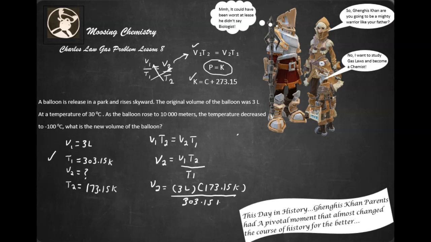So now you see that you have K's on top and K's on bottom, so you cancel that out. That means we're going to solve this in liters. So our V2 value is going to equal on top, calculate that real quick, 519.45 liters. And then we're going to divide that by 303.15.